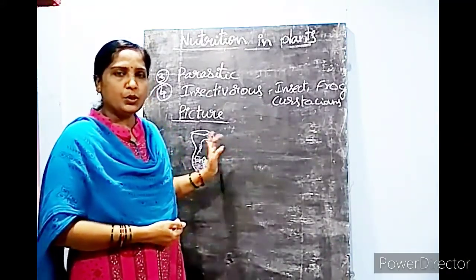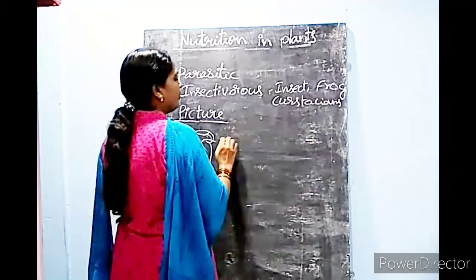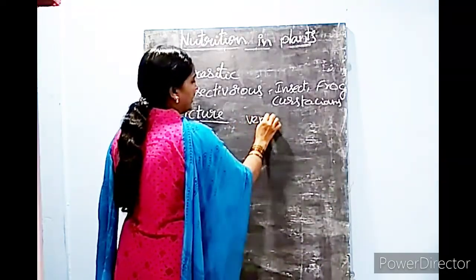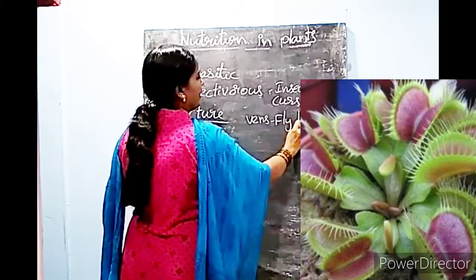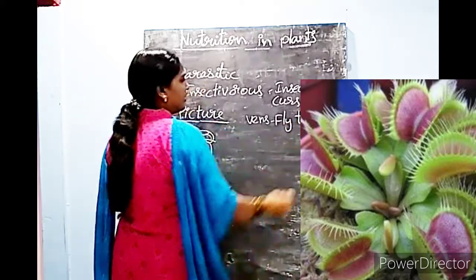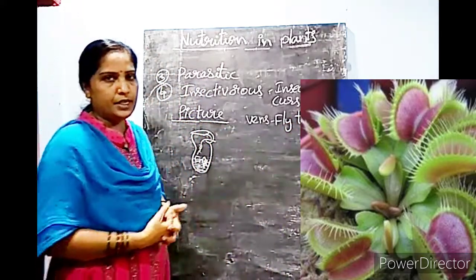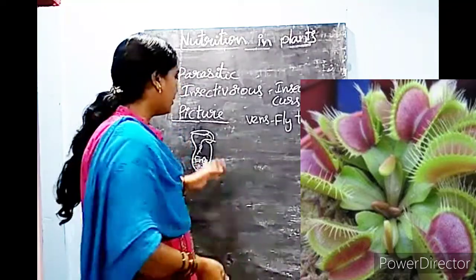Understood, children? So there are other examples also, like Venus flytrap. These pictures I'll show you in the PPT in our online class. Okay.